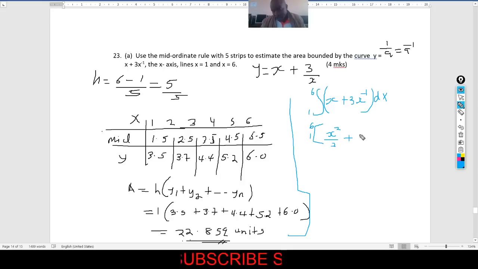So it is 3 over 0, which is the same as infinity. So between 6 and 1, we deal with x squared all over 2 alone.